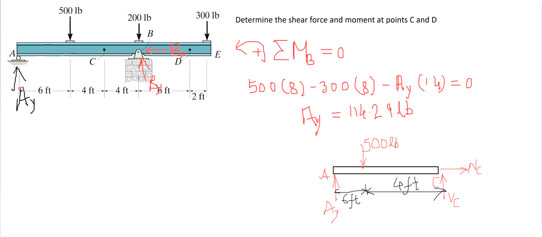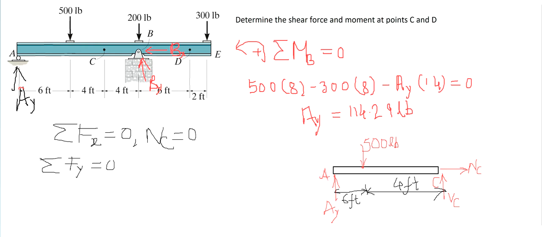Now, applying static equilibrium conditions, we have total force in x direction equal to 0. So NC is 0.